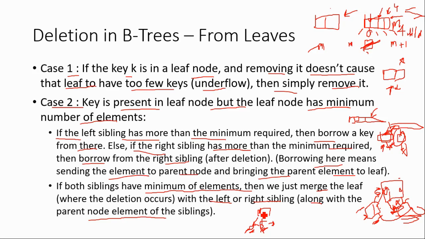So this will have a middle value between the left sibling values and the deleted node values. While doing the merging, we have to bring this value into the merged node.